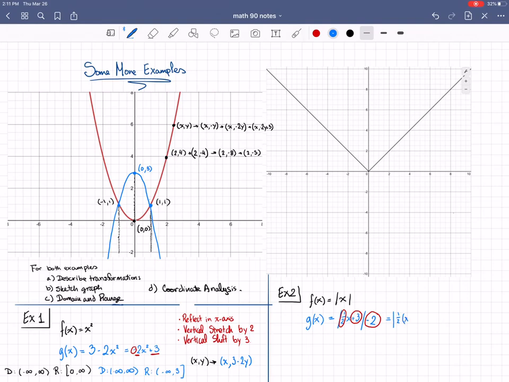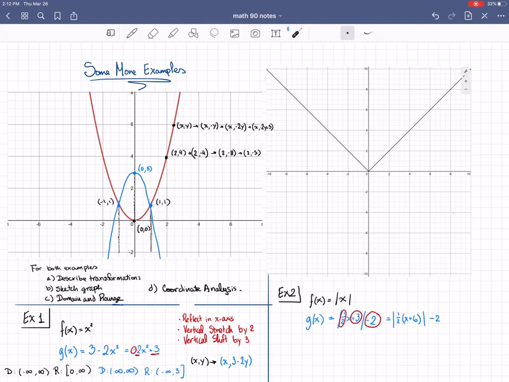If you factor the 1/2 out, it'll be 1/2 times the quantity x plus 6, and then -2. The reason this is helpful is that it shows you that if you do your stretch first, the shift is not going to be by 3 units, it's going to be by 6 units.